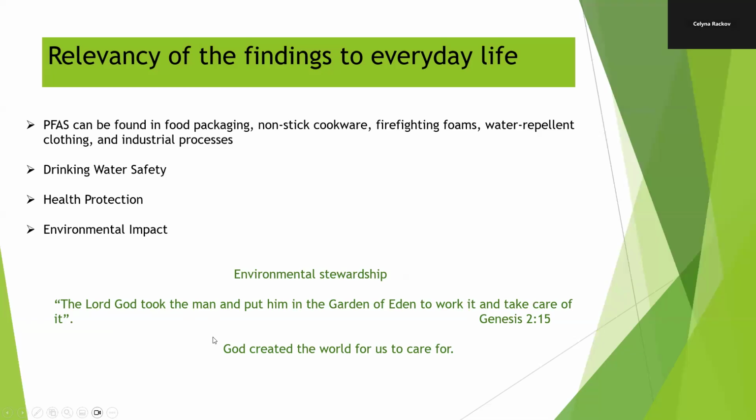So God created the world for us to take care of. So what can we do to help protect the environment? You can use recycling, reducing waste and reusing materials, conserving water, avoiding waste, choosing sustainable products. You can help in different ways.